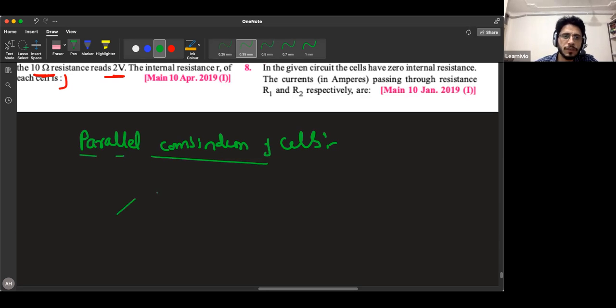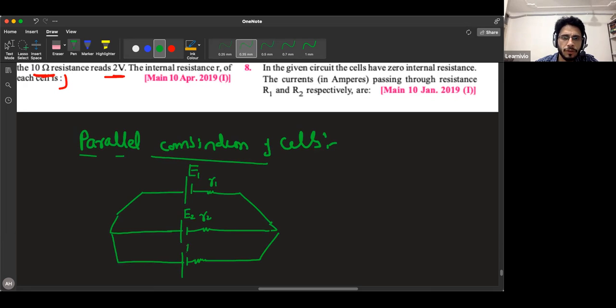Parallel combination of cells: say you have a cell of EMF E1 and internal resistance R1, then another cell of EMF E2 and internal resistance R2, then another cell of EMF E3 and internal resistance R3. These are the cells.